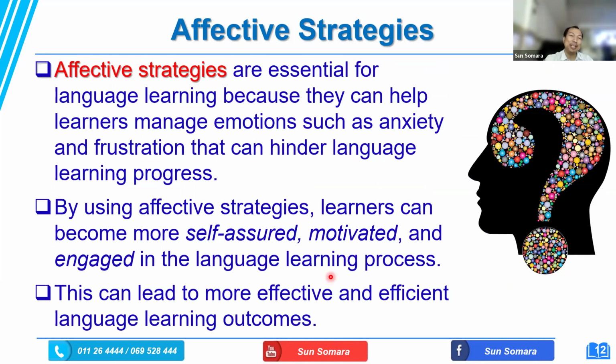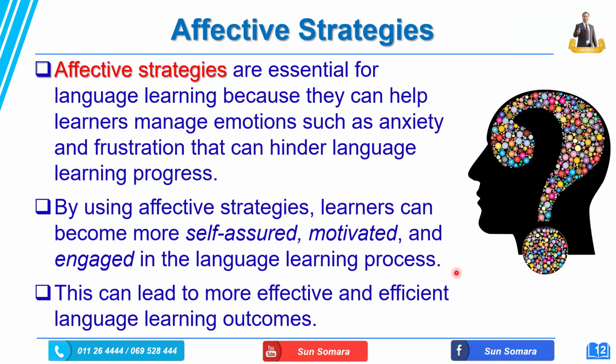Okay, who volunteers to read this slide? The main point is affective strategy. Yeah, please. Affective strategies are the center of language learning because they can help learners manage emotions such as anxiety and frustration that can hinder the language learning process.